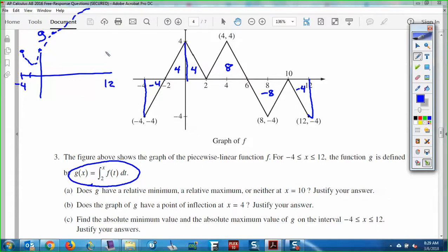Now, it would be changing concavity. I'm not worried about that right now. Then what? Okay, so it went down 4, up 4 more, up 8. This was 8, right? This went up 8. Now it's going to go what? Down 8. So it's going to be back to the same level as this, and then down 4.